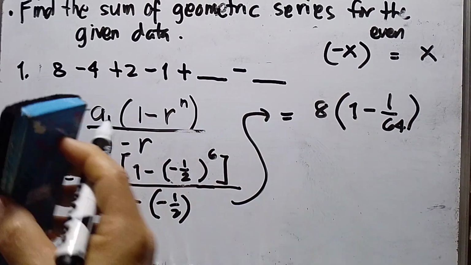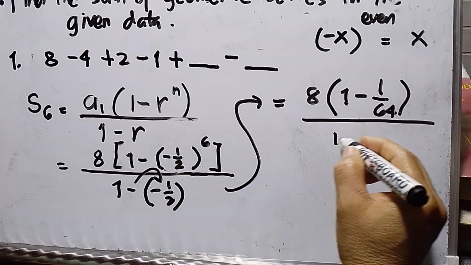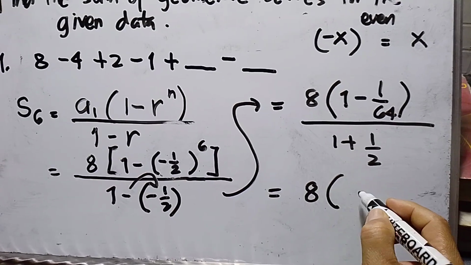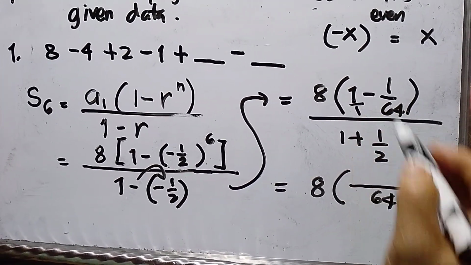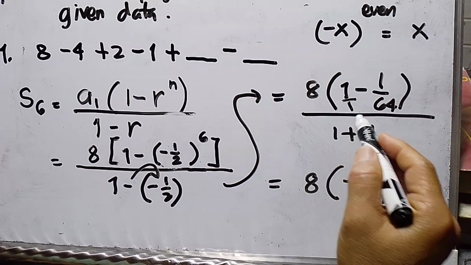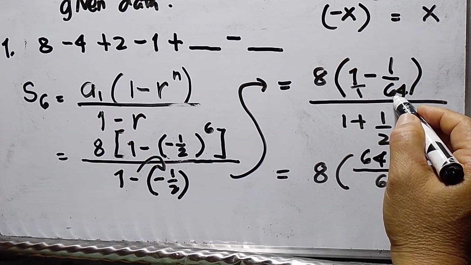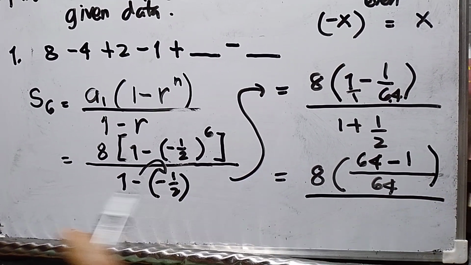Then for the denominator, this will be negative times negative, so this will be 1 plus 1 over 2. So this will be 8. The LCD is 64. Since this is over 1, 64 divided by 1 is 64 times 1 is 64. And then 64 divided by 64 is 1 times 1 is 1. Then how about the denominator?